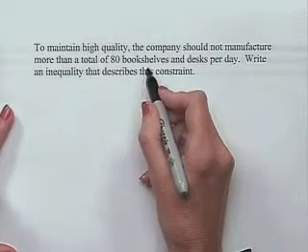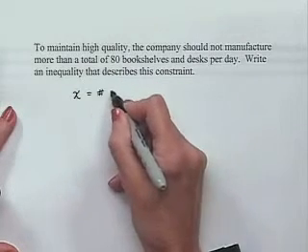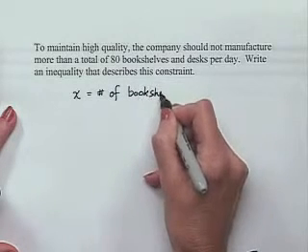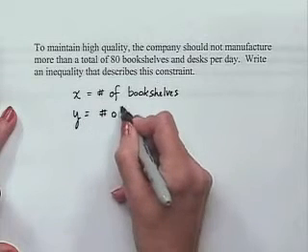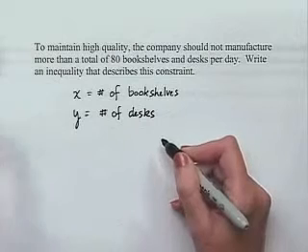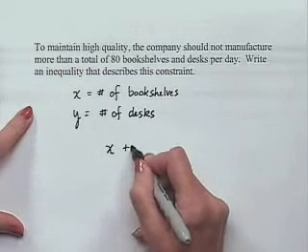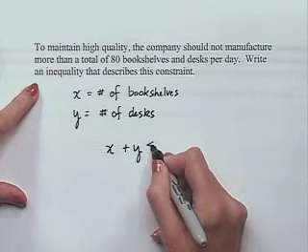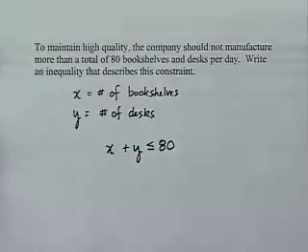In our previous checkpoint, we used X to stand for the number of bookshelves that were going to be produced, and we used Y to stand for the number of desks. We now are told that we should not have more than a total of 80. So if we take X and add Y to that, to have no more than a total of 80 means we have to have less than or equal to 80 for that sum.